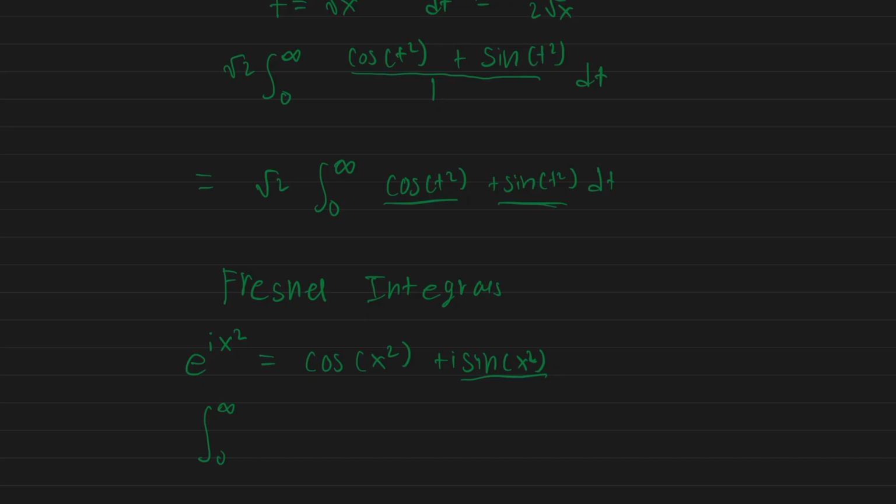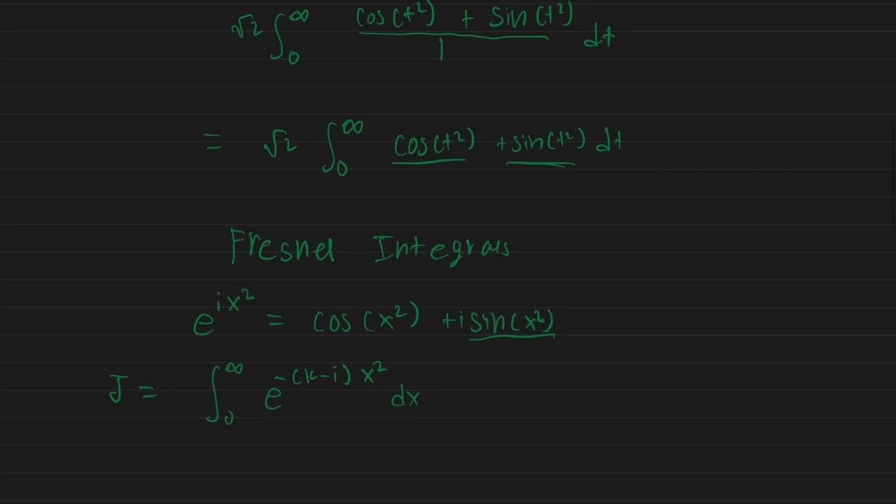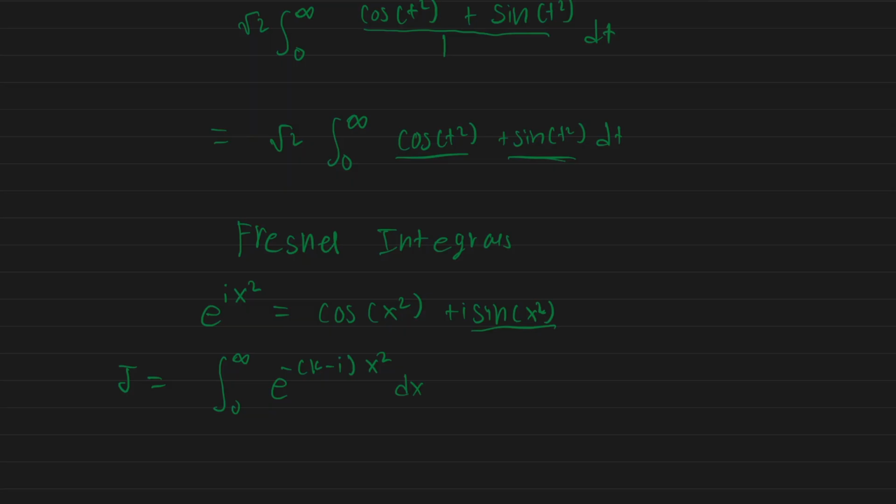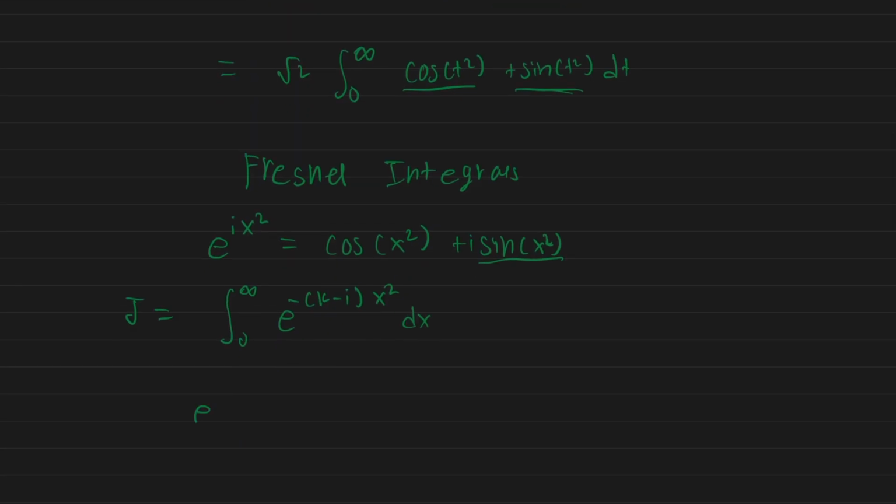Well, instead, we're going to look at a related integral. We're going to look at e to the negative k minus i x squared dx, and we'll call this J. And this integral, we can show, will converge. Why? Well, e to the negative kx squared times e to the i x squared.